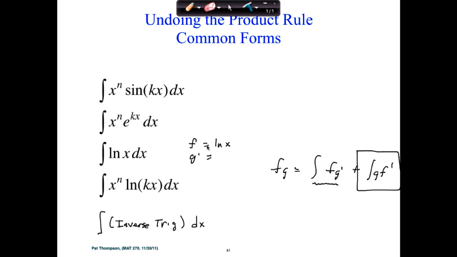So if you set f equal to that, then what's your multiplier? What's your other factor? Okay, so those are the 3 main techniques for harder antiderivatives that we've done so far.